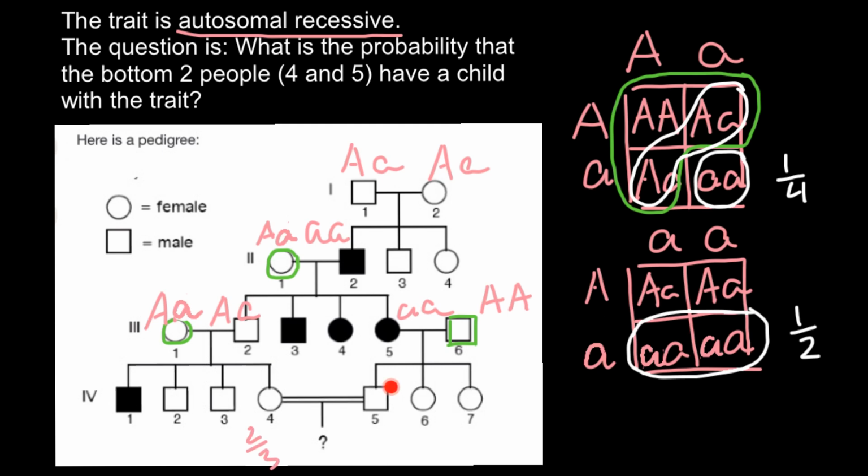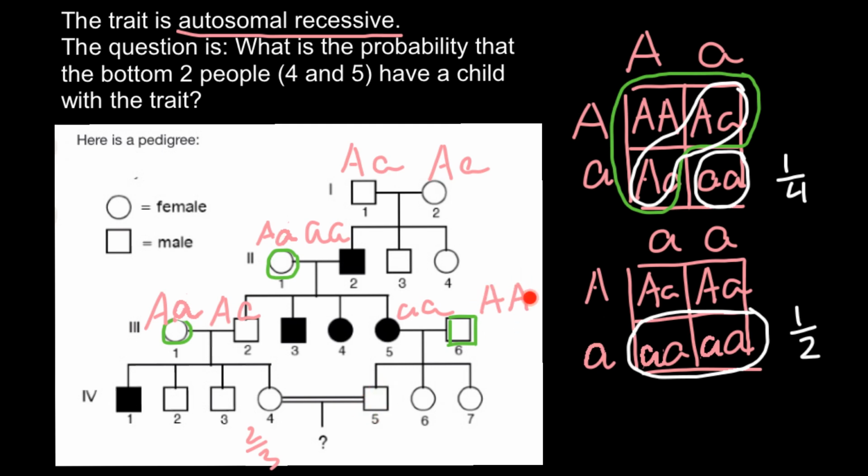And what is the probability of person number 5 in the fourth generation to be also heterozygous, or a carrier? Let's take a look at his parents. His mother is homozygous recessive, and his father is homozygous dominant, we have to assume. And that gives us a 100% probability that this person is a carrier.